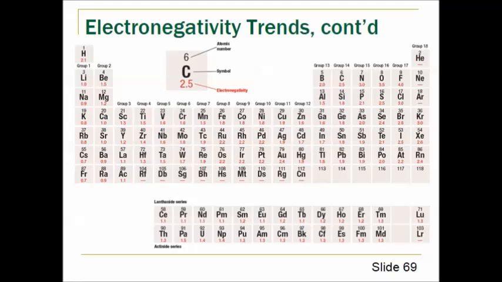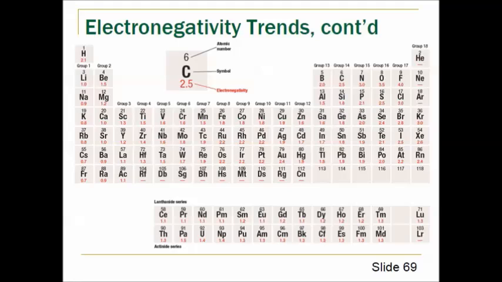All right, so that's it for periodic trends. We've looked at the trend in radius of atoms, first ionization energy, and electronegativity. Be sure that you're able for each of them to define the property, so you should know what atomic radius means, you should know what first ionization energy means, and what electronegativity means.